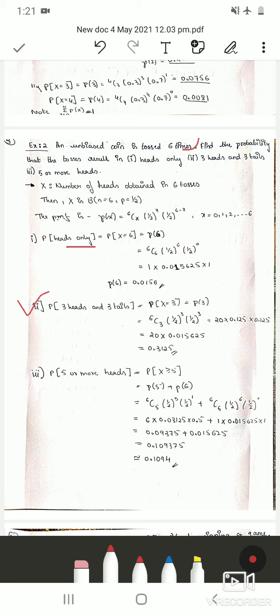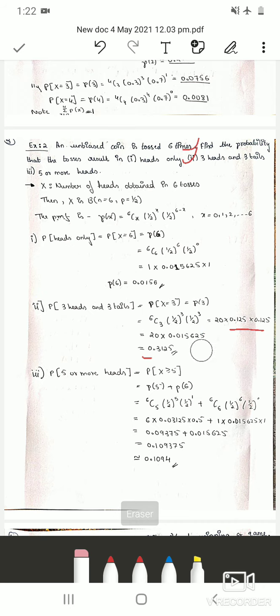Calculate the probability. First find out what is 6C3, then multiply 0.5 3 times and again 0.5 3 times. So it will be 20 into 0.125 into 0.125. Therefore we got the probability of getting 3 heads and 3 tails is 0.3125. So the second sub question is solved.